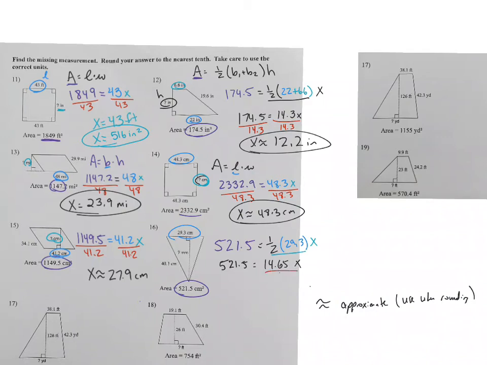Now to get rid of the 14.65, I divide both sides by 14.65. So I end up with x equals 521.5 divided by 14.65, which is about, so I'm going to change my equal sign to an approximate, about 35.6 centimeters. Now remember, they want that in millimeters, so then my x is about 356 millimeters, because there's 10 millimeters for every 1 centimeter. So that's the best answer for 16.